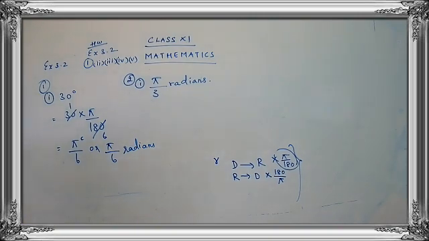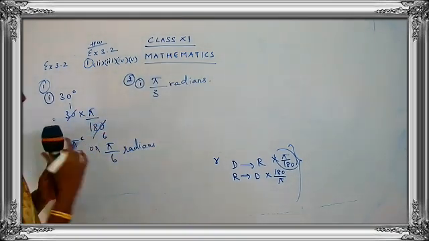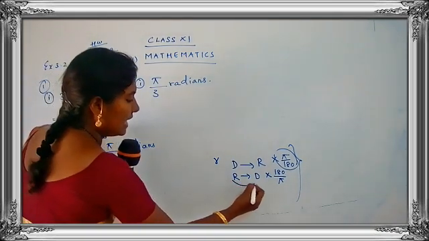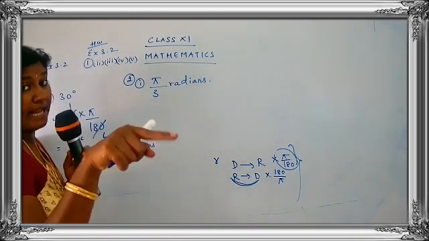What is the first subpart given to you? It's pi by 3 radians. And what are we going to do here? We are going to convert the radians in terms of degree. What is the question? Change the radians in terms of degree. If I want to change the radian in terms of degree, I have to multiply by 180 upon pi.